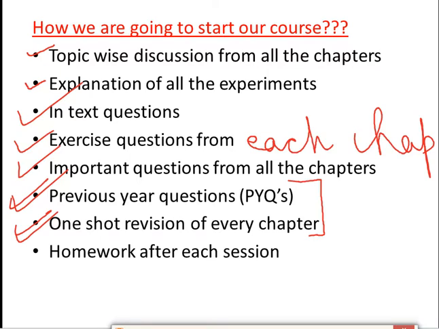And the most important thing, after each session I will be giving you some homework, some questions, and you have to do those questions. You can comment in the comment section with your answers, that what answers you are getting for those questions. You can copy those questions in a notebook, obviously.